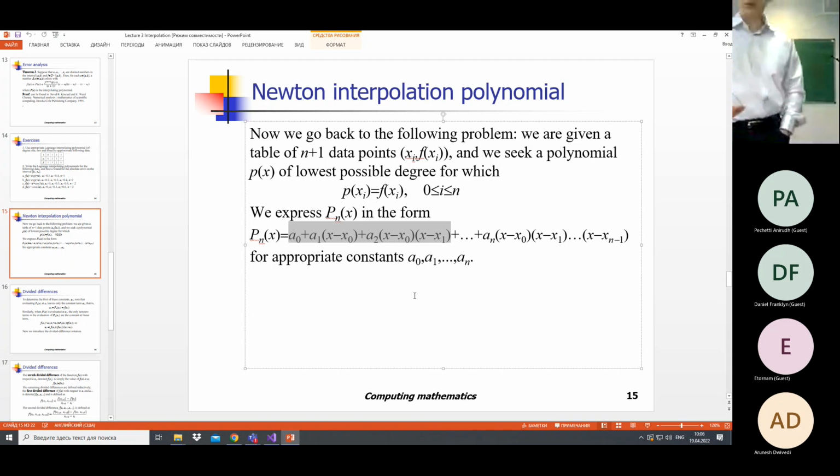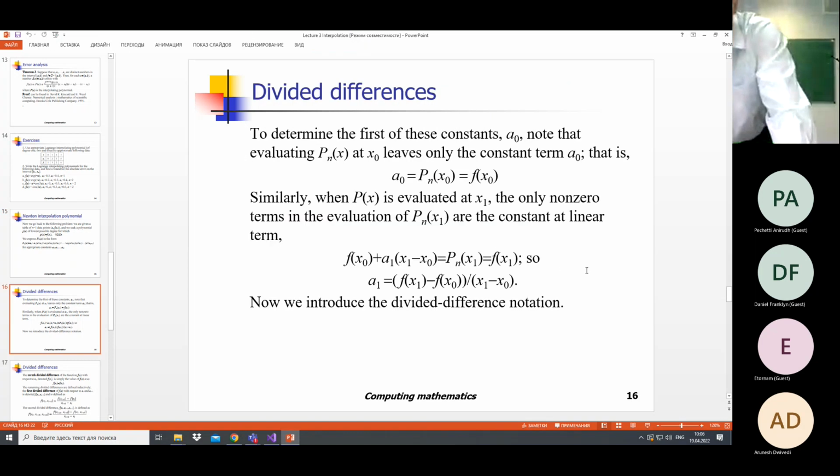If somebody told me these coefficients, I can say that, okay, excellent, I can write a polynomial. Well, in the previous lesson, I showed you how to compute these coefficients.